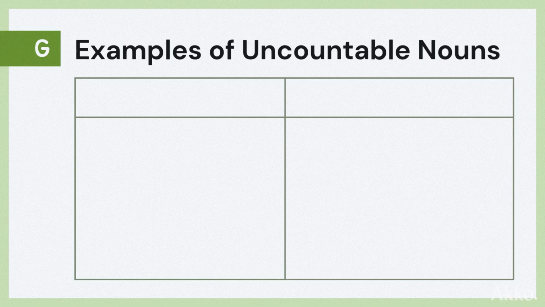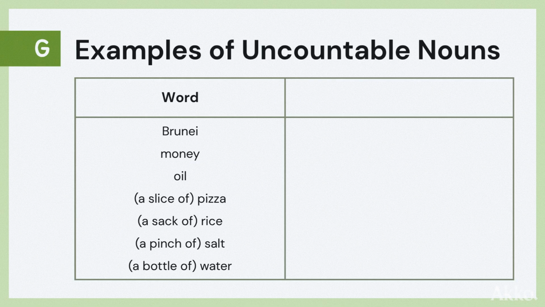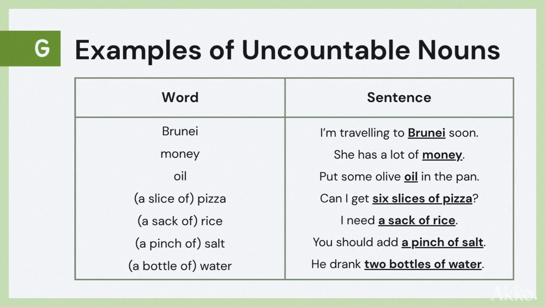For example, proper nouns like a name of a specific place, Brunei, or a specific name of a person, like Kyle. Think of them as special names, proper names, for one specific person, place, thing, and more. Because there's usually only one of them, and we don't need to count them.